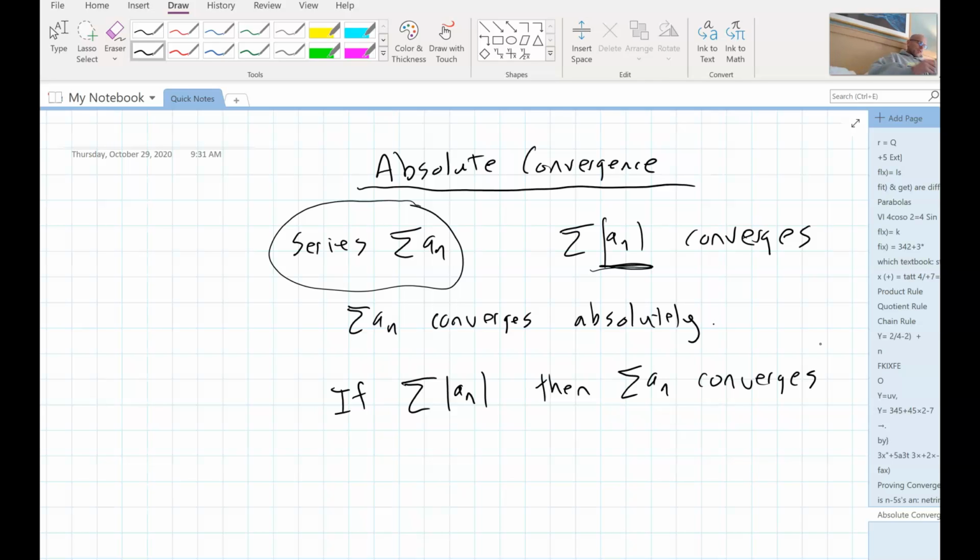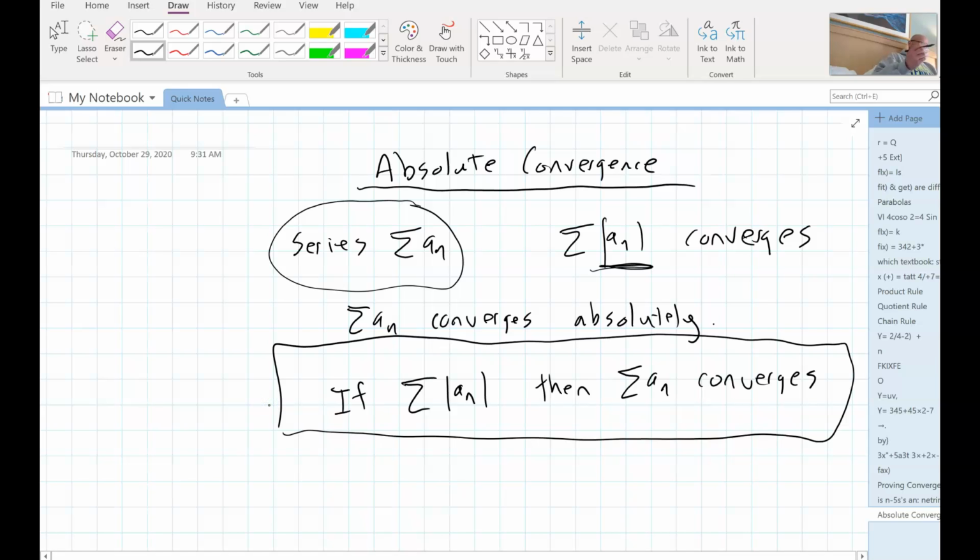Now notice that this is handy on a series that is alternating, which means every other term is negative, positive, negative, positive.